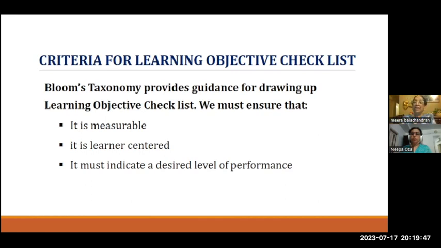Then, is it learner-centered? Is it teacher-oriented, with only the teacher speaking and doing everything? Or are the children learning from it, picking up something from it? So one, it should be measurable. Two, it must be learner-centered. And third, it must indicate a desired level of performance.